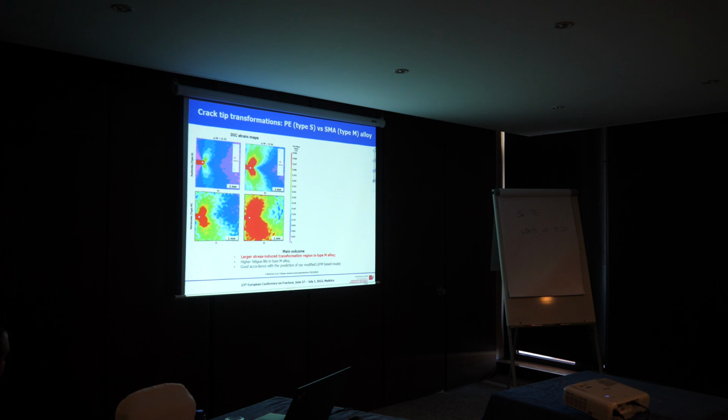These are the results obtained from DIC measurements. In particular, there is a comparison: the upper figures are for type S, the pseudoelastic material, the material that has an austenite structure at room temperature. The bottom ones are for martensitic material, the material having a martensite structure at room temperature. And as you can see, we have a much larger stress-induced transformation in the type M martensitic material, compared with the type S pseudoelastic.